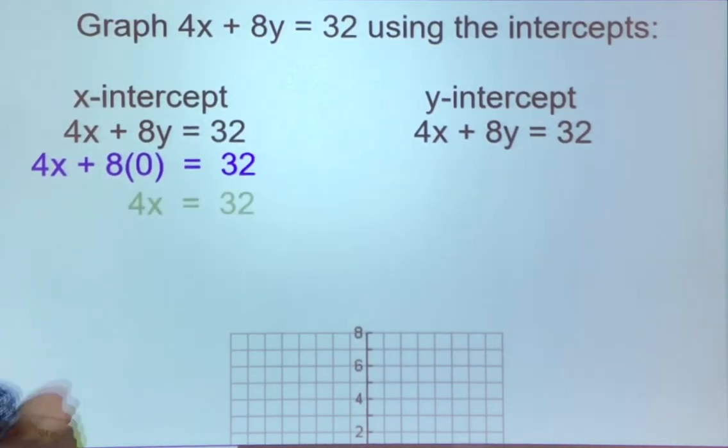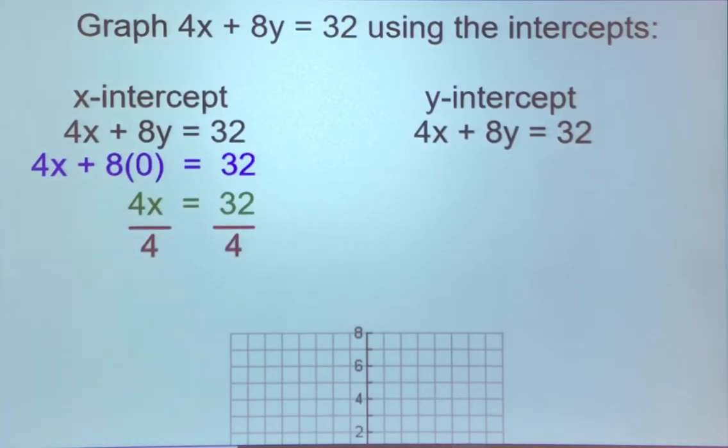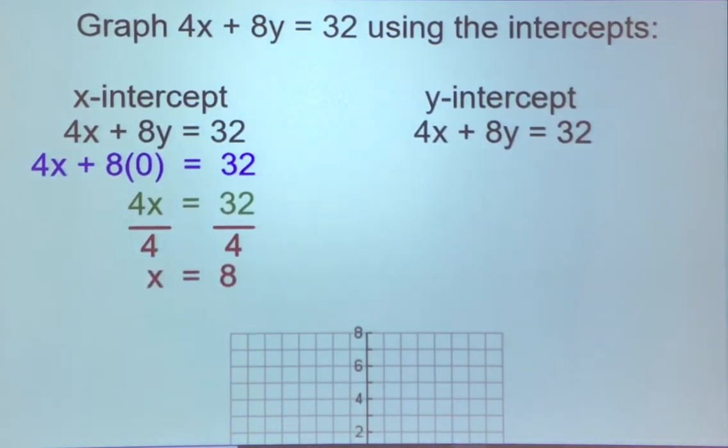So that gives us 4x is equal to 32. We're solving for x, so we need to isolate it. Well, 4 times x, the inverse of that is to divide both sides by 4. When we divide both sides by 4, we end up with x is equal to 8. So our x-intercept is 8.